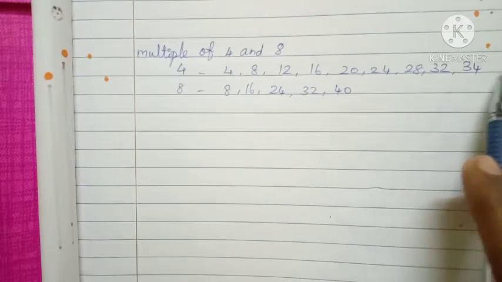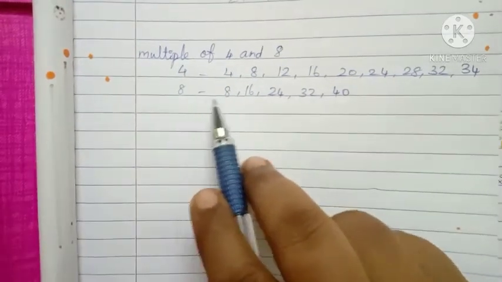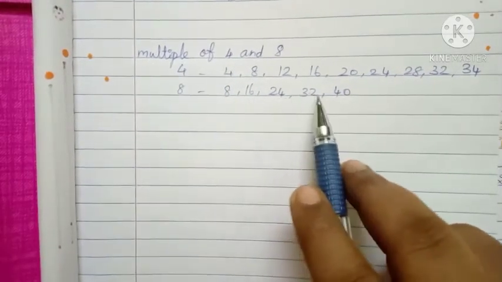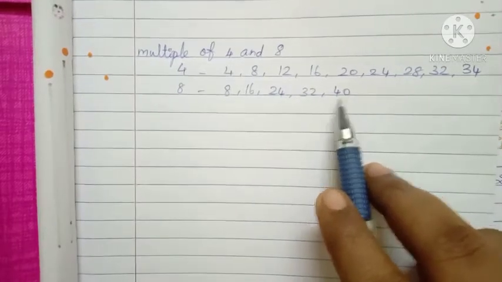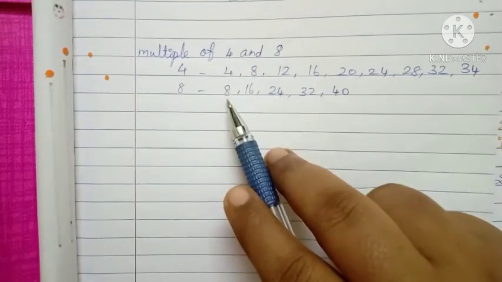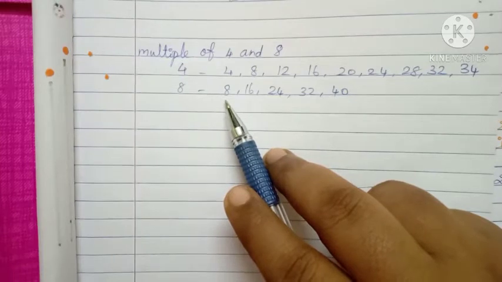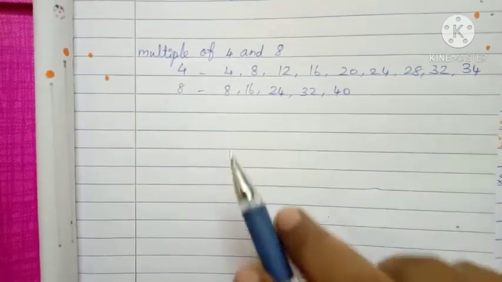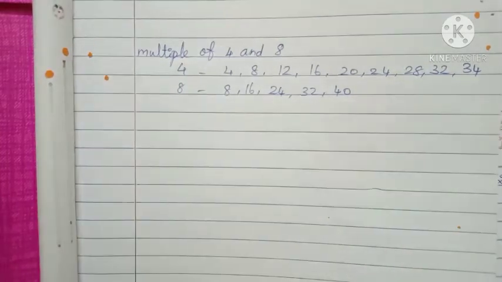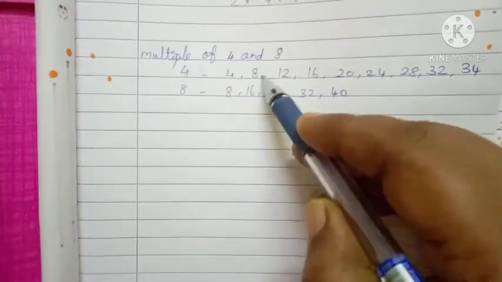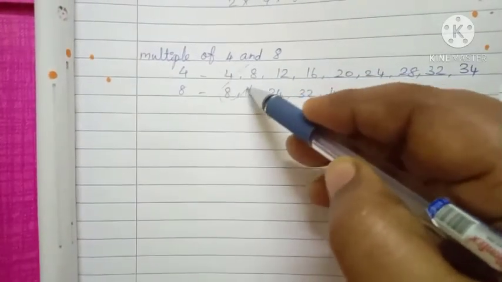I write some examples. Then 8 table: 8, 16, 24, 32, 40. Which one is common? Eight is a common multiple.